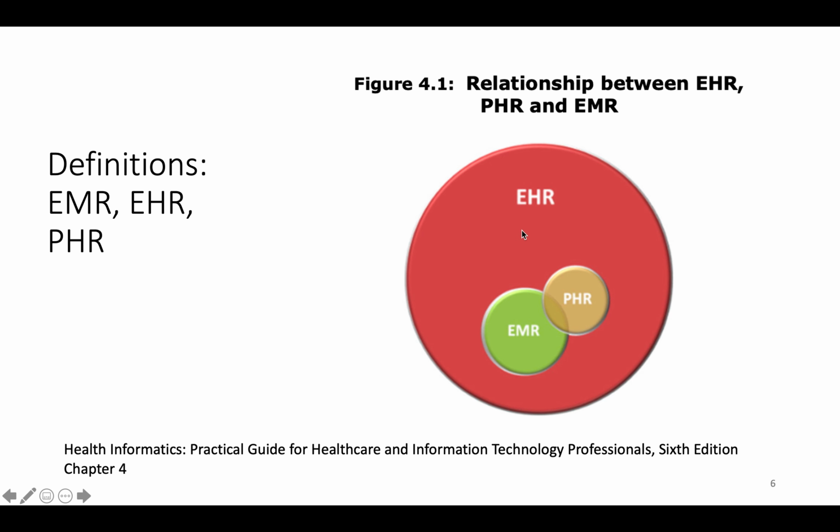EMR is part of EHR, so multiple EMRs will form EHR provided that they are connected. The data can be exchanged between different systems. And PHR is a system that is managed by the person, the individual himself.